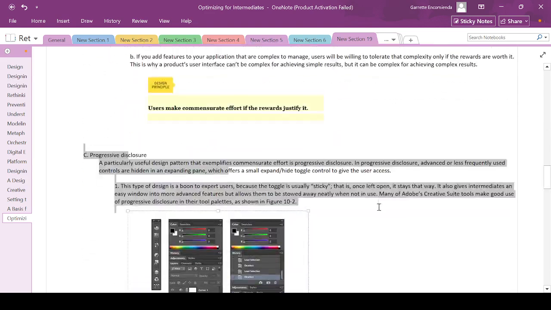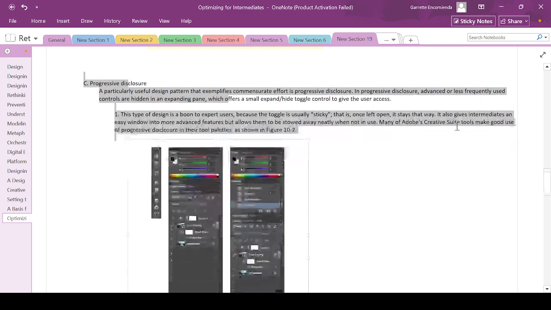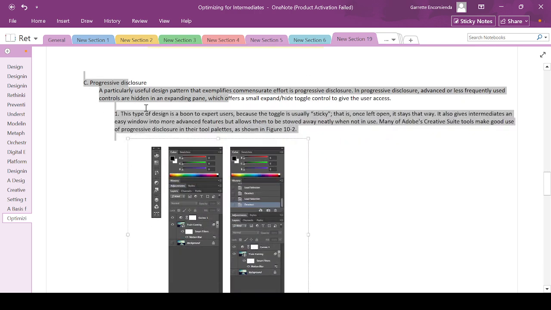For those things that are complex, you put them in the toolbar or in the menu so that the expert could learn them. That will provide them faster navigation. So in progressive disclosure, advanced or less frequently used controls are hidden in an expanding pane, which offers a small expand/hide toggle control to give the user access.